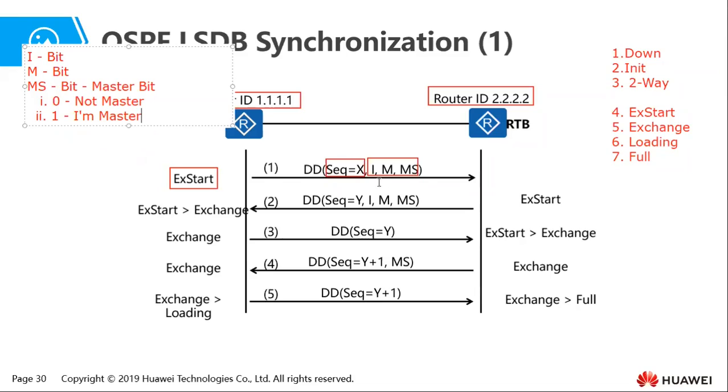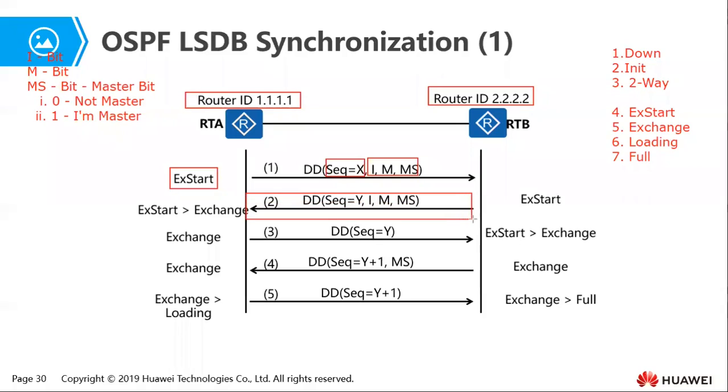Okay. Now, after that, RTB, almost at the same time, will also send a DDD packet to RTA. I'm going to talk about the I bit and M bit in a short while.